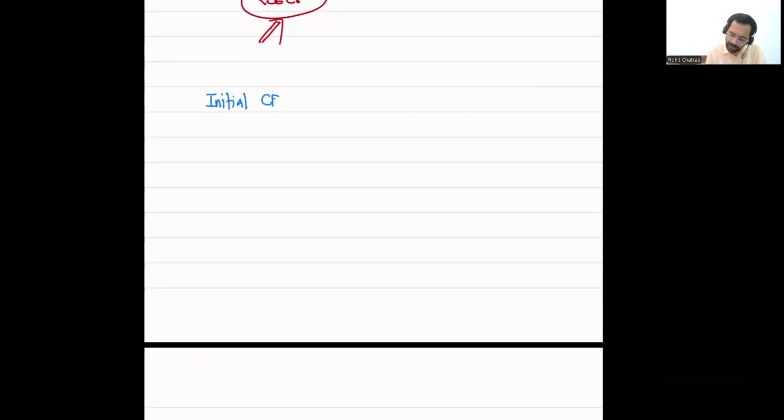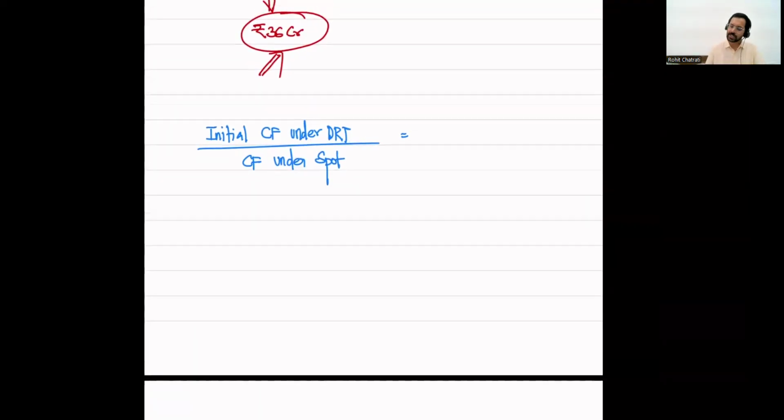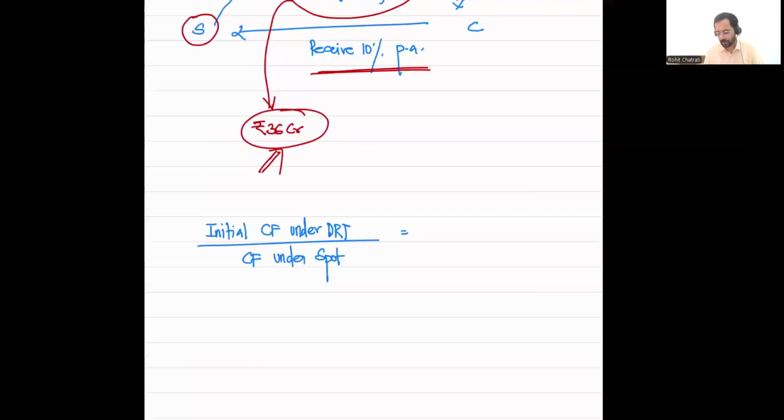Divide that by the cash flow for a similar position under the spot market. All right, cash flow under spot market, and we are basically going to calculate this percentage. If this percentage is low, then we are going to actually say that the initial investment is low and hence the contract will be a derivative contract.